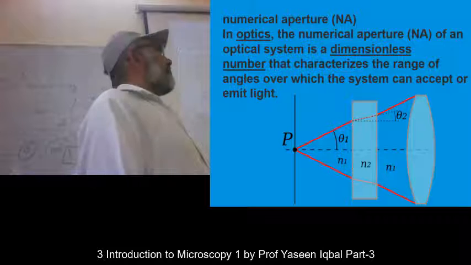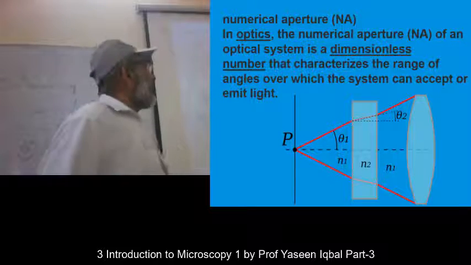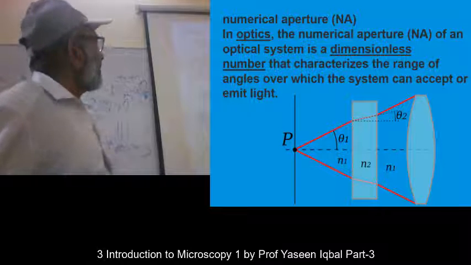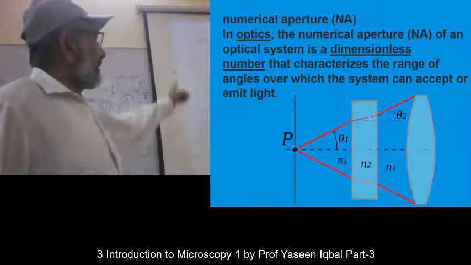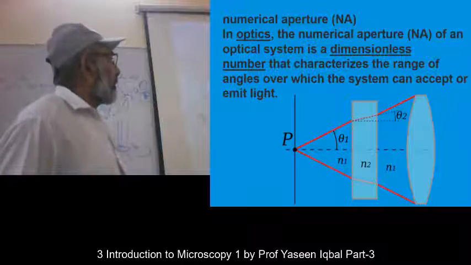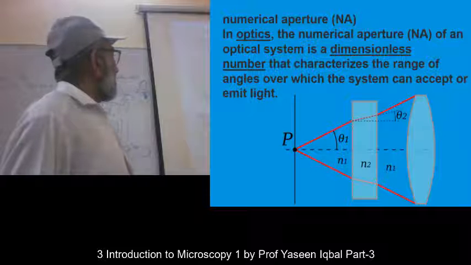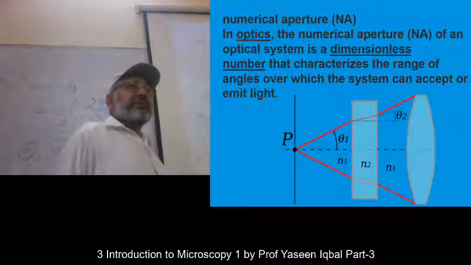Numerical aperture, I mentioned this word. In optics, the numerical aperture of an optical system is a dimensionless number that characterizes the range of angles over which the system can accept or emit light.